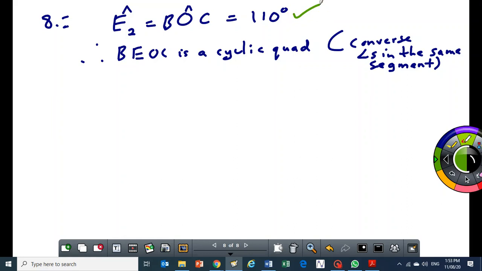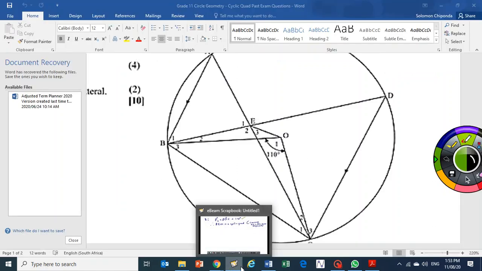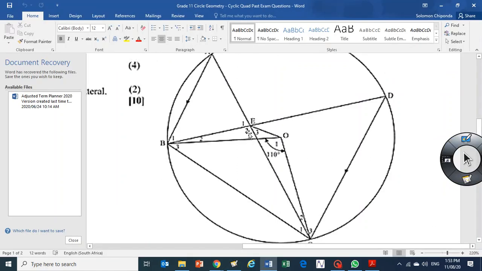Once you prove that there are two angles that are on the circumference, in this case these two angles, E2 and BOC, which is labeled here as O1, if BEOC is a cyclic quadrilateral, it means angle E2 and angle O1 are both subtended by the same chord BC.